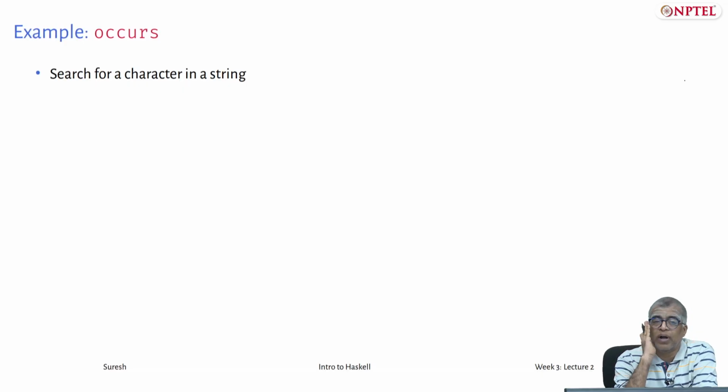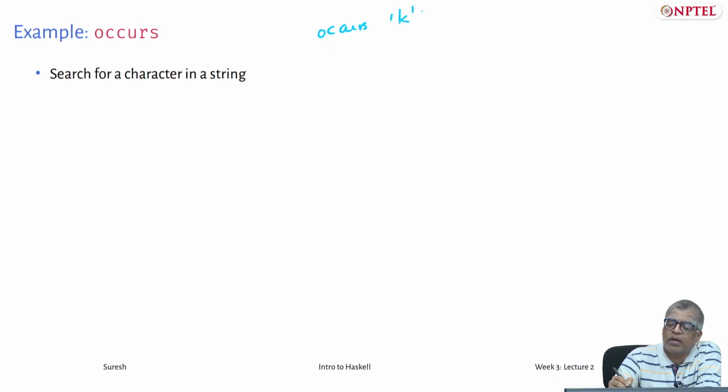Okay, so let's do some more programming with characters and strings. Let's say I want to search for a character in a string and I will call this occurs. So for instance, if I say occurs 'k' "Haskell", I should get True.